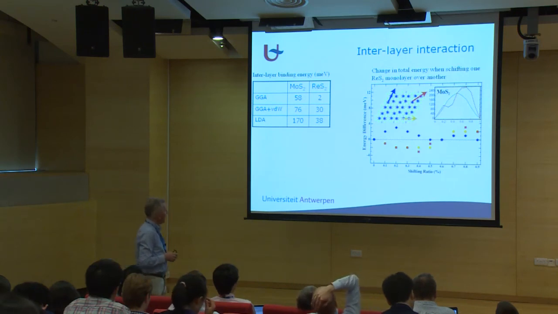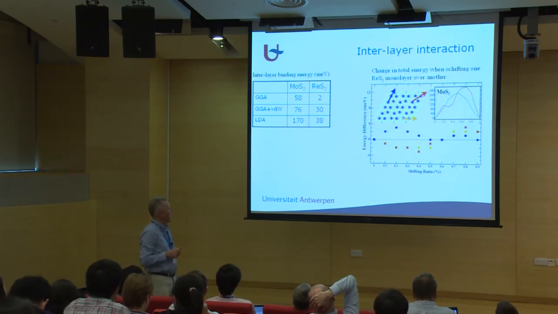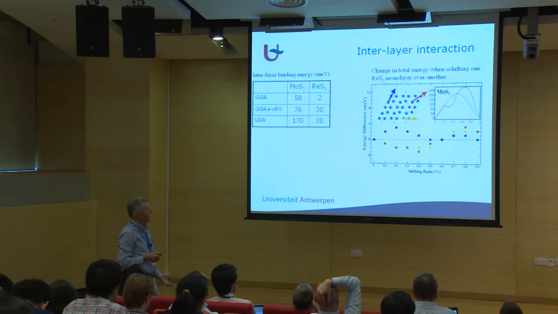You can also see that if you take 2 of those layers and you slide them with respect to each other, and you calculate how the energy differs. So if you slide in this direction, that's along the A-axis, the B-axis, or diagonal here, the variation in the energy is only on the level of a few millielectron volt. And it's very different with molybdenum disulfide, where this variation is about 200 millielectron volt.